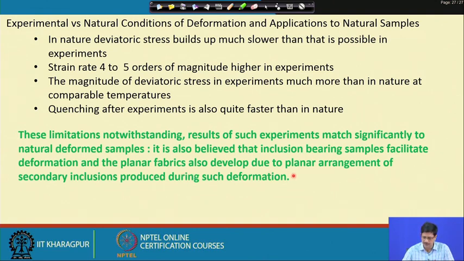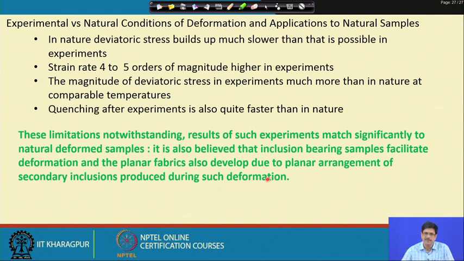It is also believed that inclusion bearing samples facilitate deformation, and the planar fabrics also develop due to the planar arrangement of the secondary inclusions produced during such deformation. There are many such natural sample examples, where if such preferential loss of water is what is happening in nature, or whether any aqueous fluid comes into play at any particular time during the process of deformation and recovery from deformation, they facilitate the plastic deformation.